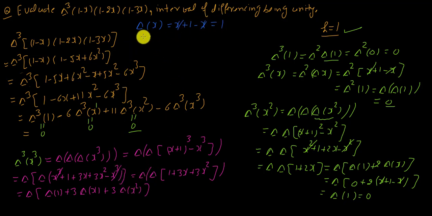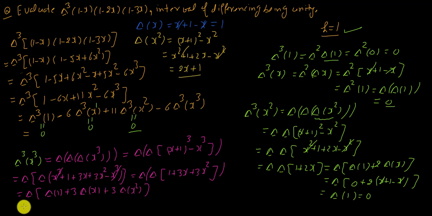Next we need delta x square. So this will be x plus 1 whole square minus x square. This will be x square plus 1 plus 2x minus x square. This will cancel out, so we are left with 2x plus 1.